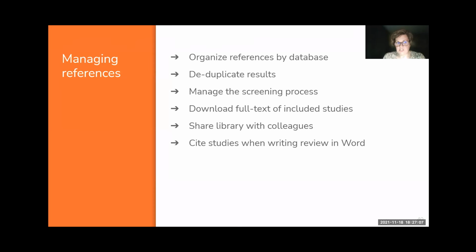The citation manager will help you with that. Another thing that we'll talk about in more detail later is that Covidence, which is a citation manager tool, will also remove duplicates automatically, and it does quite a good job. So all these steps are needed when you do these reviews.